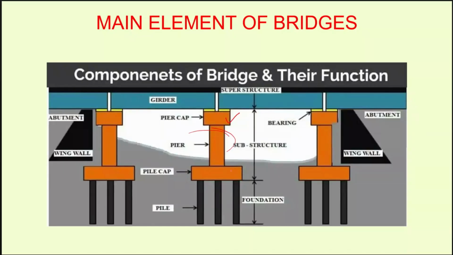Then the foundation, and here we have shown piles as a foundation, and then the pile cap. Generally the pile cap should be a part of the foundation, but many times it is referred to as substructure also. We can say pile as a foundation, but again this is somewhat a gray area. Normally the pile cap is designed along with the pile.